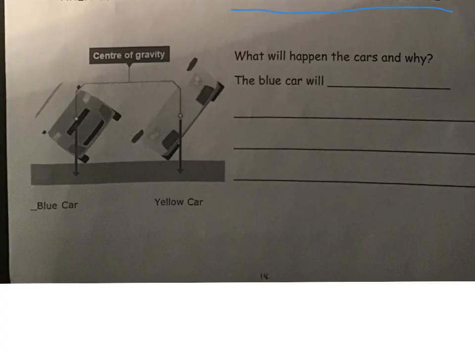Here we have a question that we would normally see. So we have a yellow car and we have a blue car. Okay, so this is your blue car here and the yellow car here. What will happen to the cars and why? Okay, so first of all, we will look at the blue car.